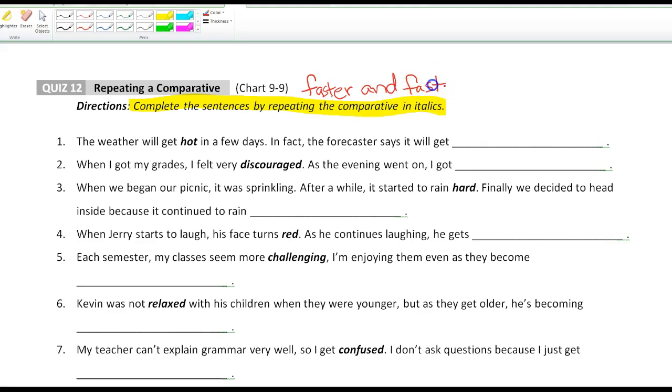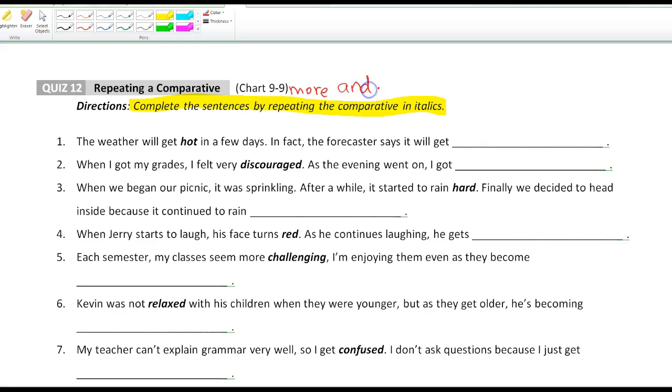So we just say the same thing 2 times. And if we were using one that used more, that would be different. So let's use tired. So we have tired, and to do the comparative of tired, we use more. Okay? However, we do not say more tired and more tired. What we do, let's get rid of tired, is just say more 2 times.